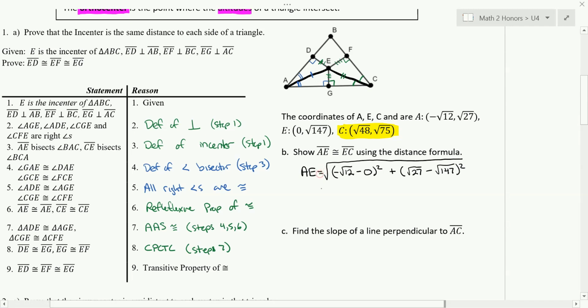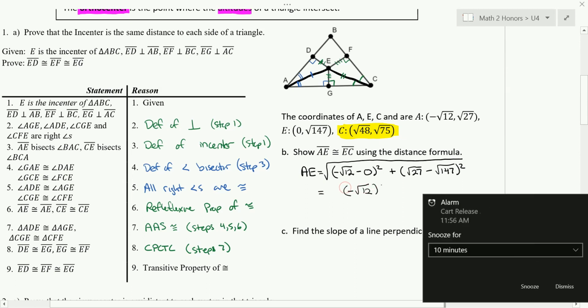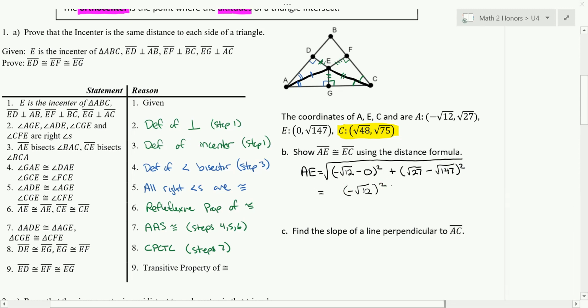So negative root 12 minus 0, that's just negative root 12, still squared, plus, what is the square root of 27 minus the square root of 147?